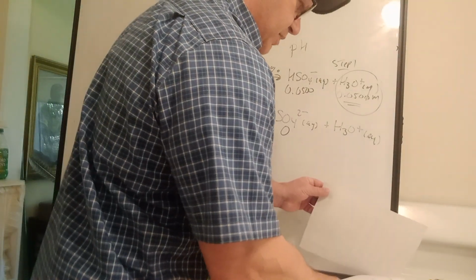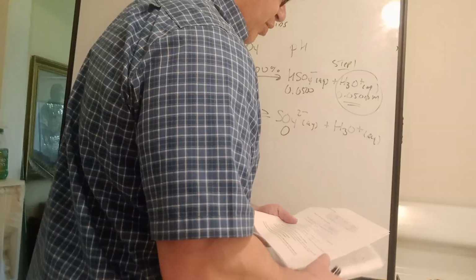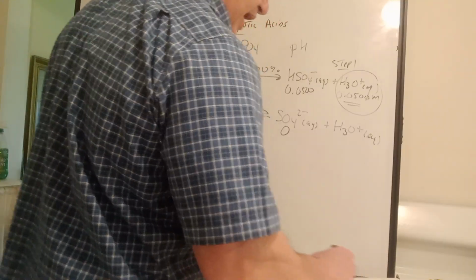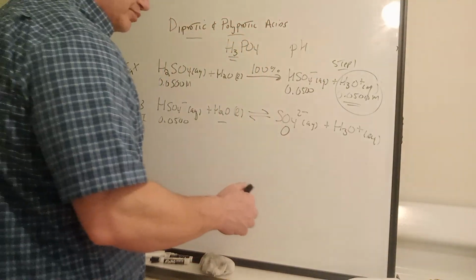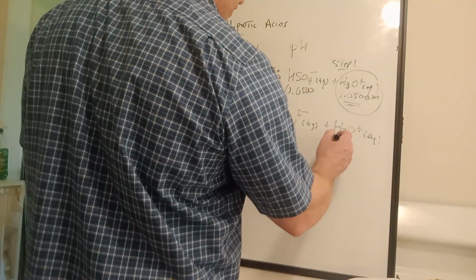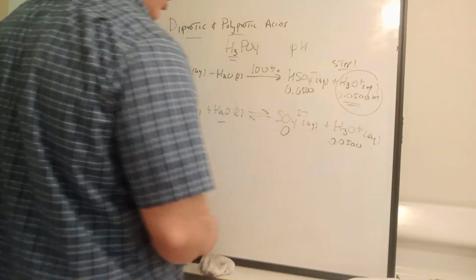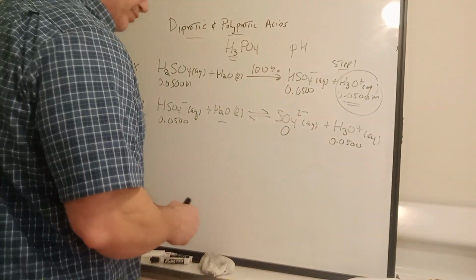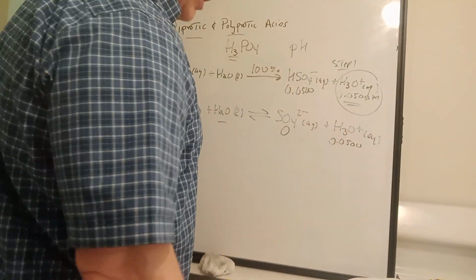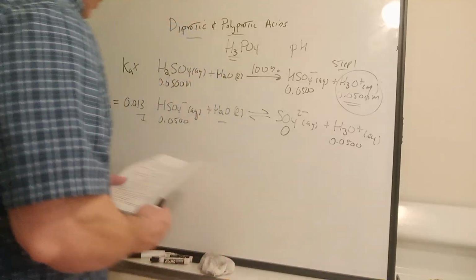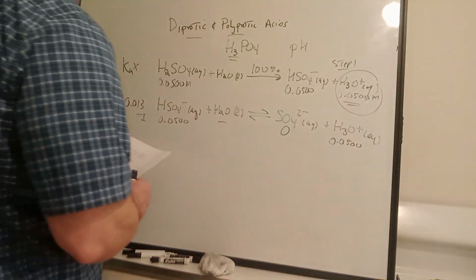Let's take a look. So we have that, but what do we have here? We have 0.0500 molar, this is all in molarity, of the hydronium ion that exists from the prior step. So that's important.